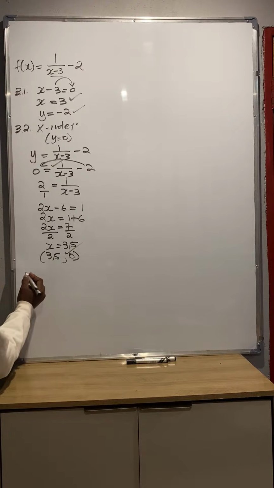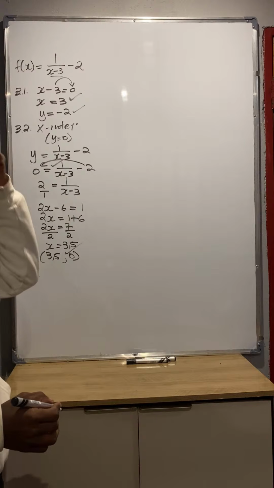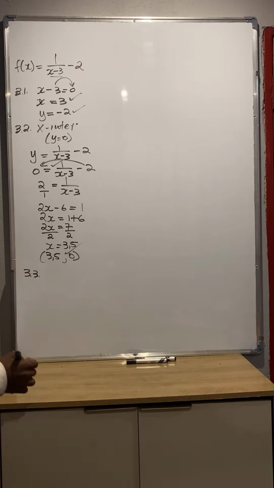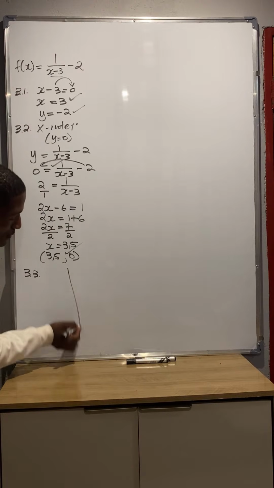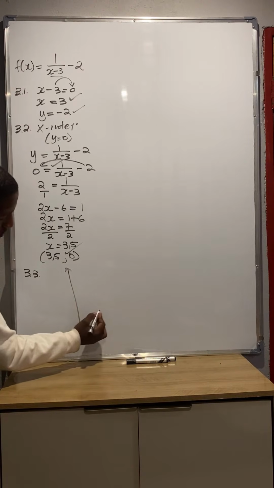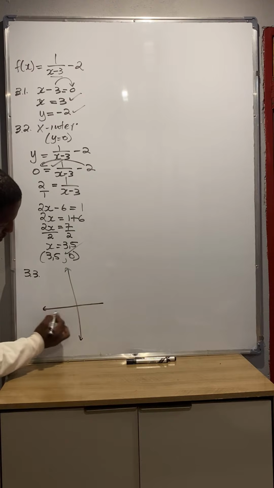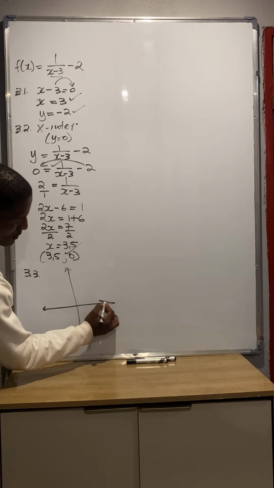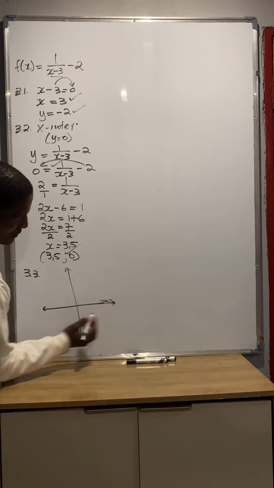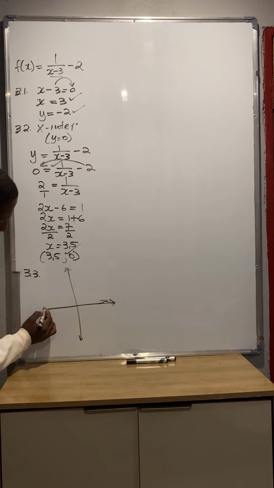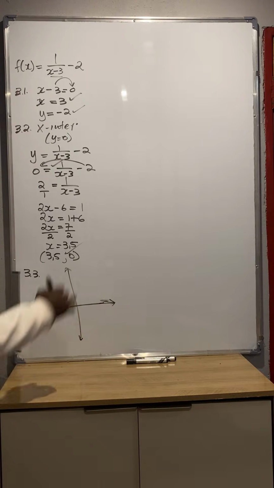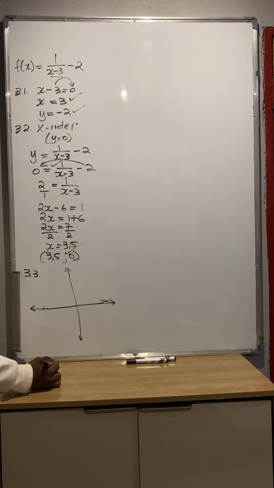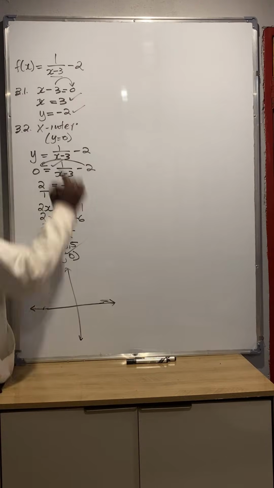And then 3.3, family. They say draw the function. I'm not going to spend a lot of time because we have done this many times. When they say draw, the first one is x equals 3.